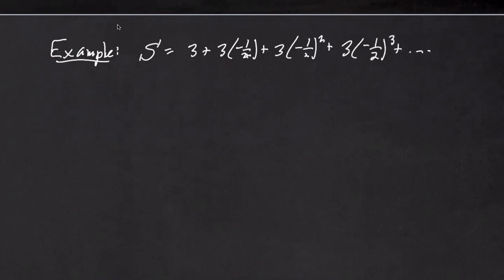So this starts to look a little weird because if you wrote out what these are equal to, it's 3 minus 3 halves plus 3/4, because when you square a negative, you get a positive, minus 3/8 plus 3/16 minus 3/32, and this is the pattern you get.